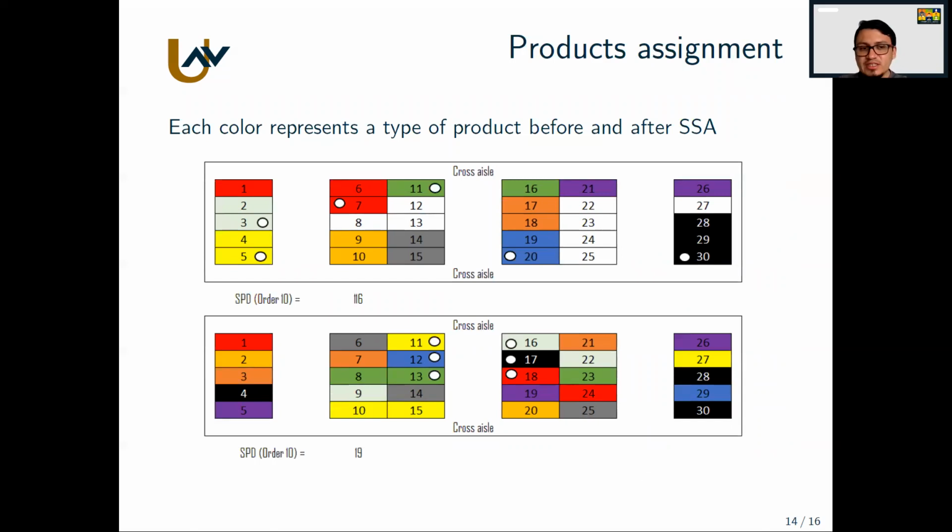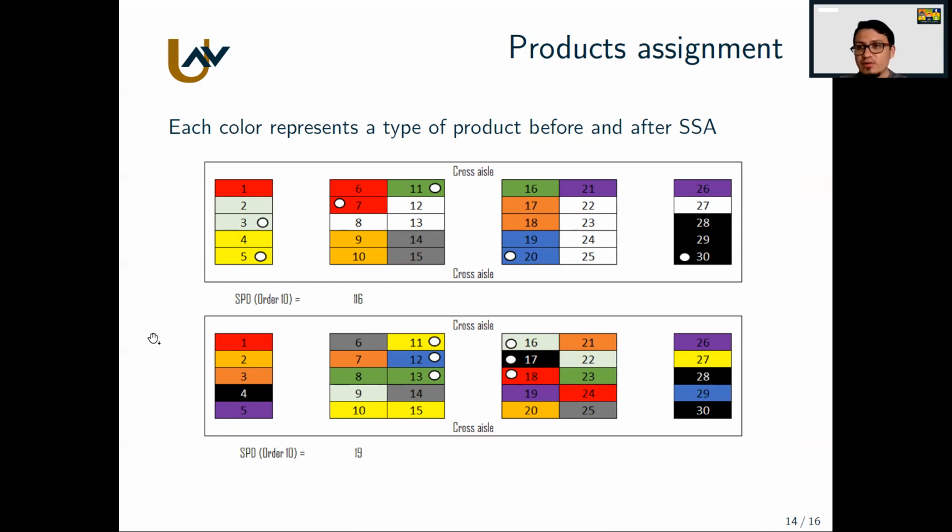If we analyze one specific order, suppose order number 10, demanding 6 types of units or products: a yellow one, a red one, a blue one, a green one, and so on. In the first case, the picker will have to go to the first aisle, second aisle, and third aisle in order to collect all the items that order needed, and the total distance in that case will be 116.